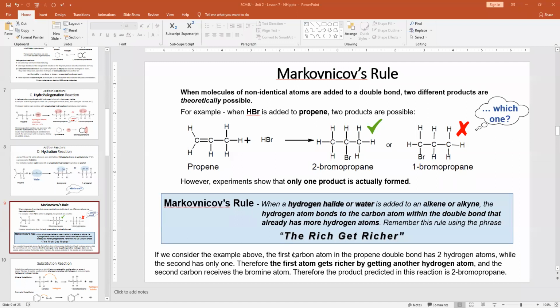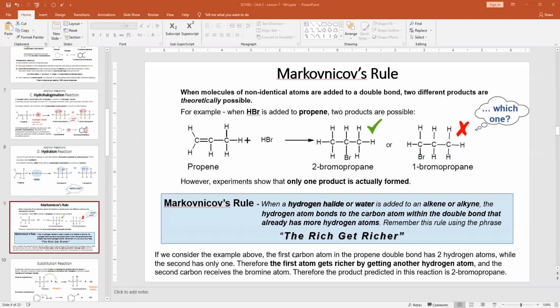So does everybody understand this concept of Markovnikov's rule and how you decide where the hydrogen goes? Judy, Sasan, are you clear with Markovnikov's rule and the concept of rich getting richer? Yes. Okay, good.